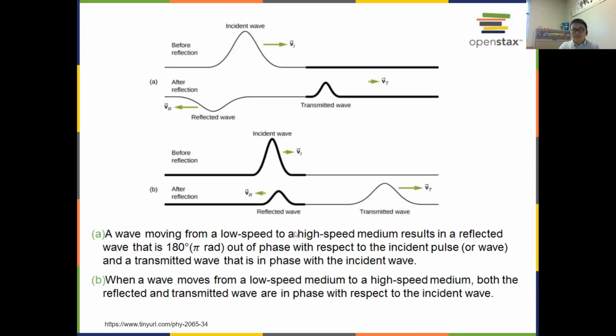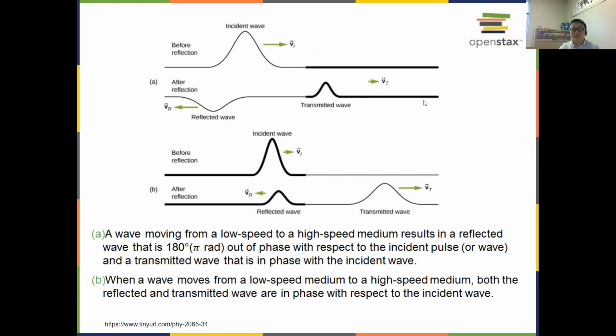Now, if the medium density changes, say a thinner string carries a wave and it hits a thicker string, part of the wave will transmit through into the second medium, and part of it will be reflected. In this case it is like a hard wall for the reflected wave, so the reflected wave will have a phase shift.